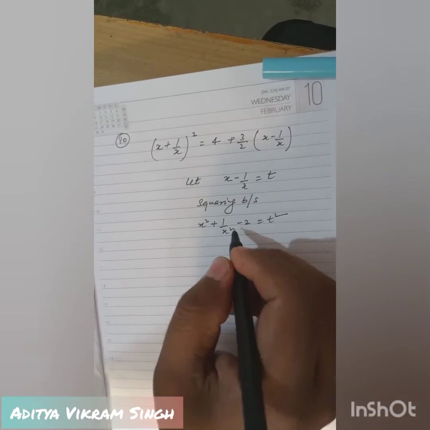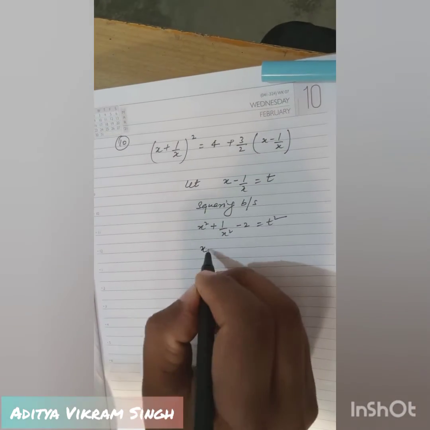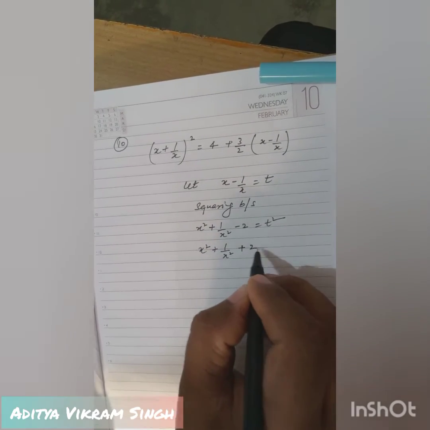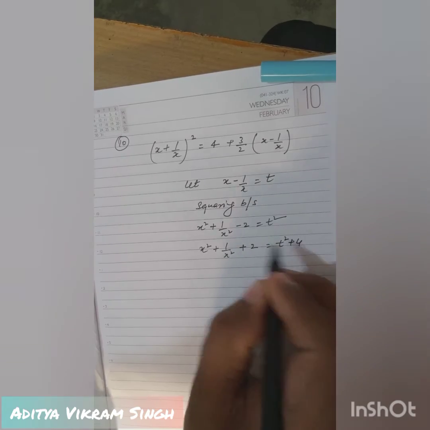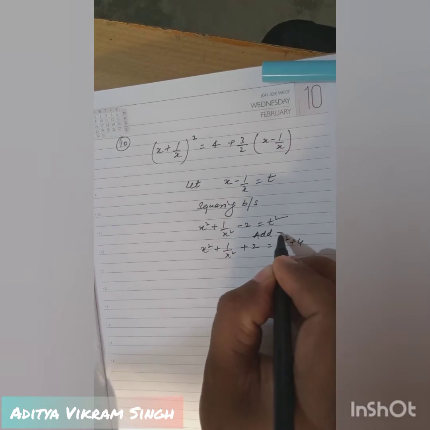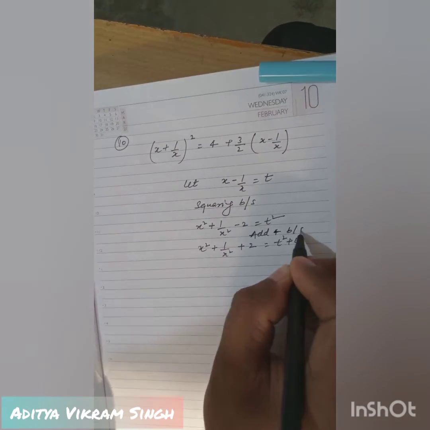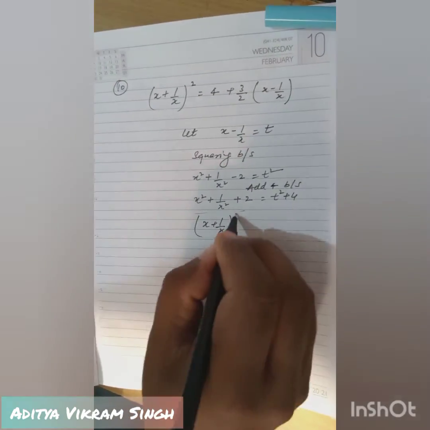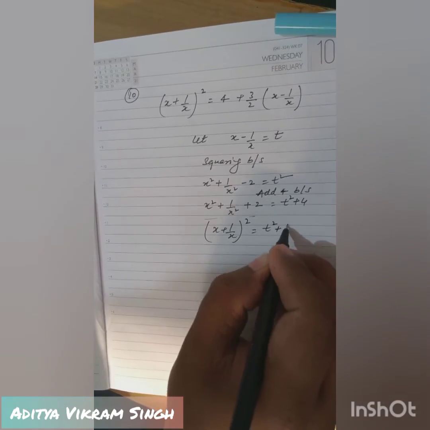If we just add 4 to both sides, then this becomes x square plus 1 by x square plus 2, and this becomes t square plus 4. Okay, now this became (x plus 1 by x) whole square, which is equal to t square plus 4.